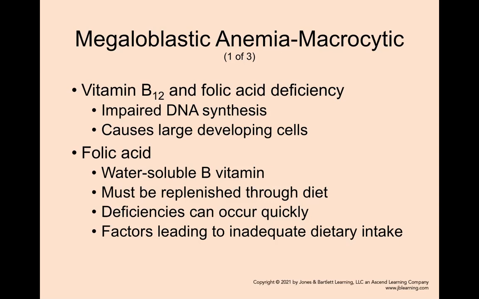So again, these can be repleted through dietary supplements, and it's important to know that there's two groups of folks that are at higher risk for this kind of anemia, and that is people who've had gastric bypass and inflammatory disorders.